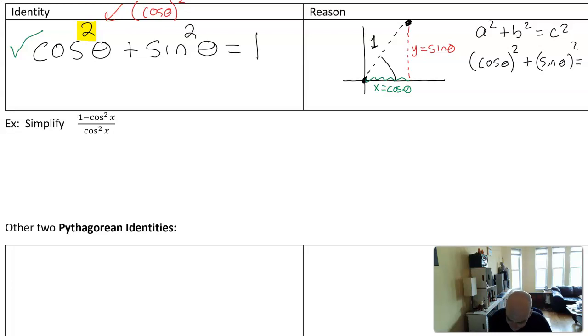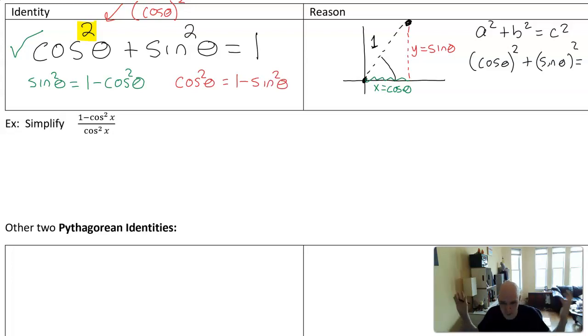Well, if I take away cosine squared from both sides, then it would be true also that sine squared is equal to 1 minus cosine squared. And if I take away sine squared from both sides, it would be true that cosine squared is equal to 1 minus sine squared. So we have one main identity, but we actually kind of get 3 for the price of 1. What a great deal, right?